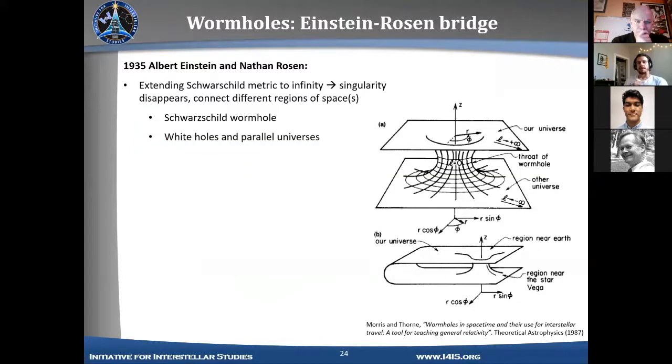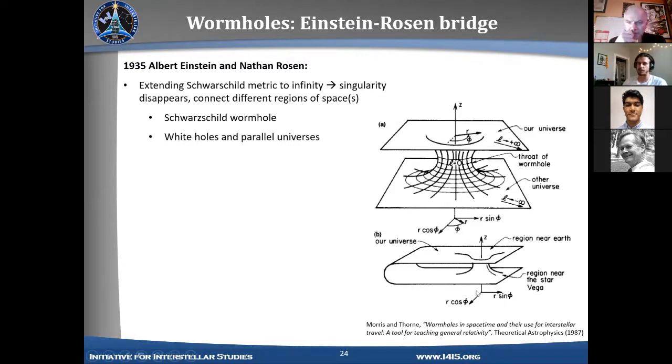Now, what Einstein and Rosen noticed was if they take the Schwarzschild metric for a static black hole and they just extend it to infinity to get rid of the singularity, then suddenly we are connecting two different regions of space and maybe even of different dimensions. What we call this often is a wormhole, and we think of it as a shortcut through our universe.